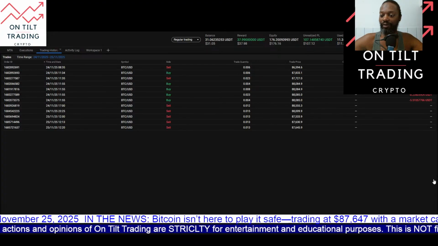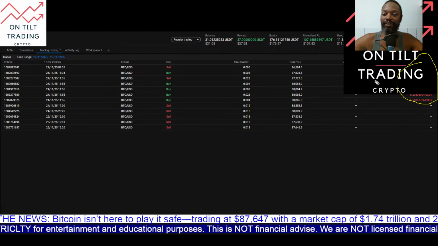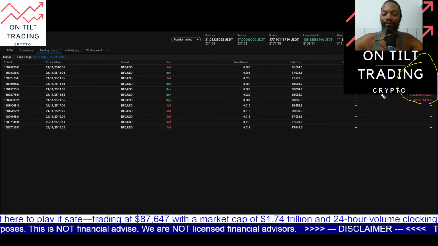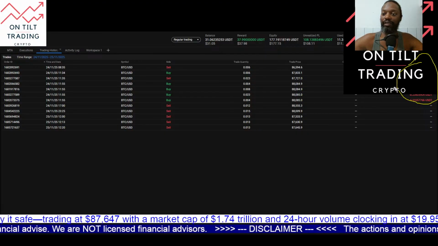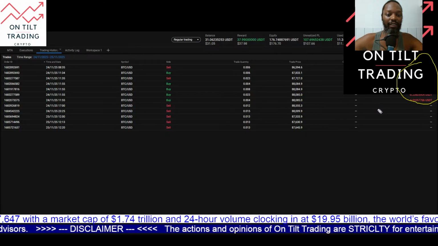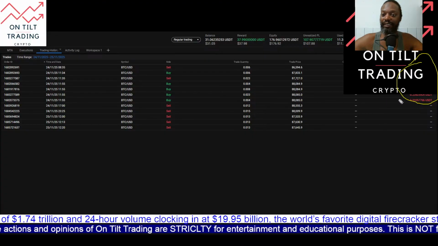Okay, these were the losses from yesterday. So these were before I established my current entry criteria. So I was using a different entry criteria. Now I've combined it with the order blocks, and now instead of seeing red, I'm not seeing anything.